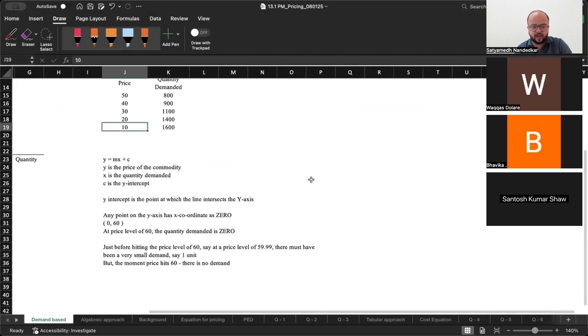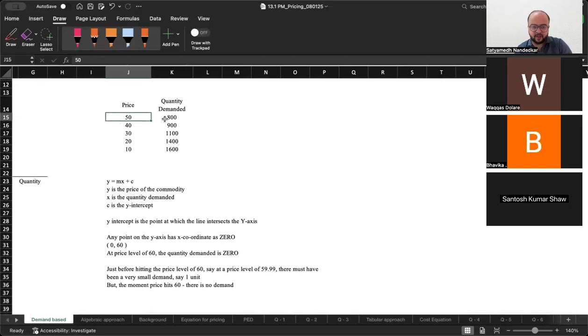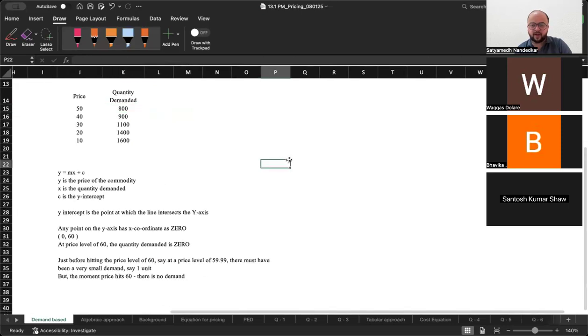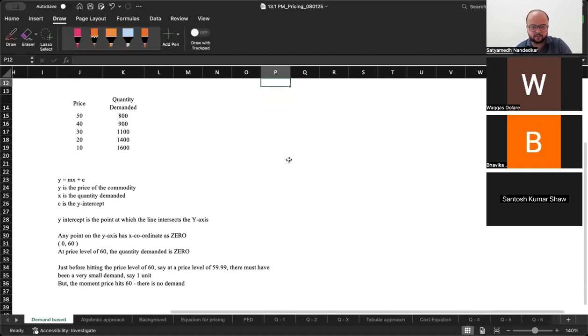So at price 500, the quantity demanded is 800. What if I draw another table for you? This is table 1. Similarly, I'll show you table 2.